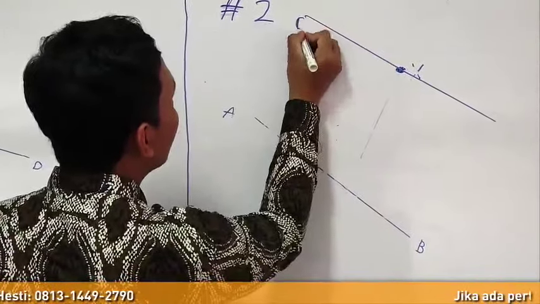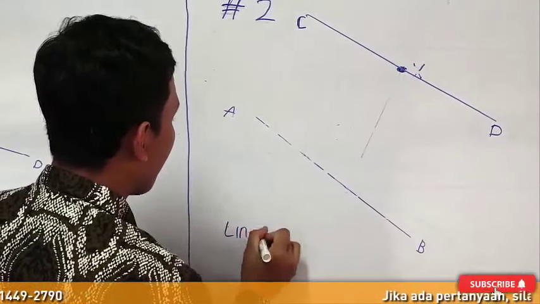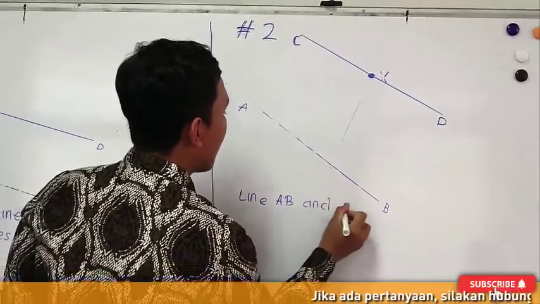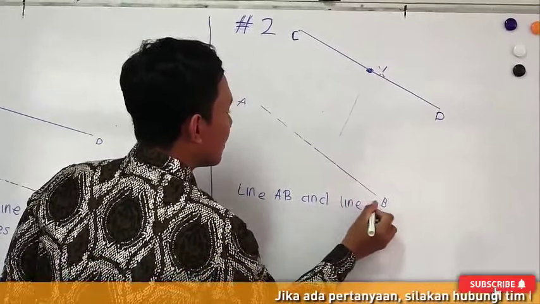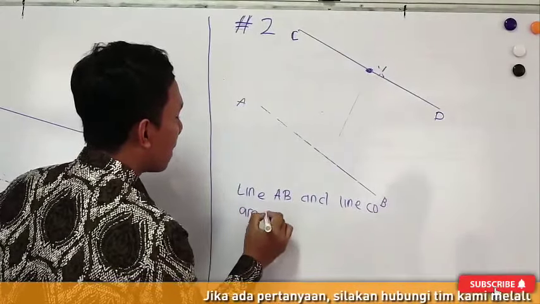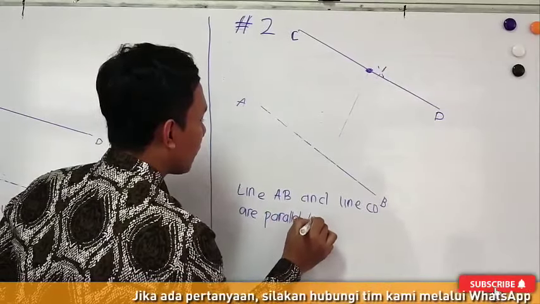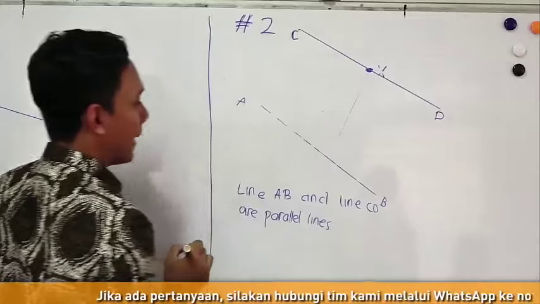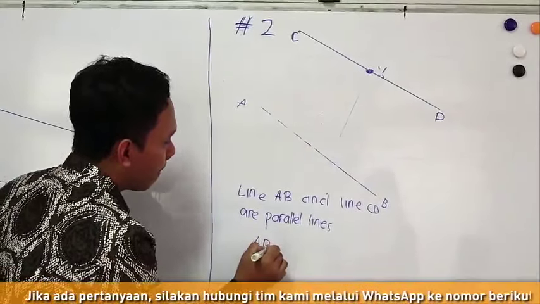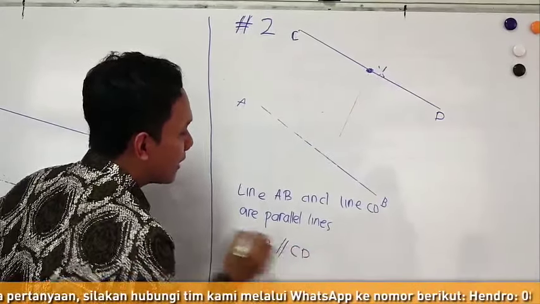This line is C and D. So line AB and line CD are parallel lines. Or we can give the symbol: line AB parallel to line CD.